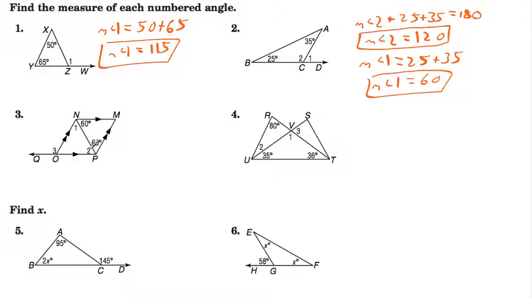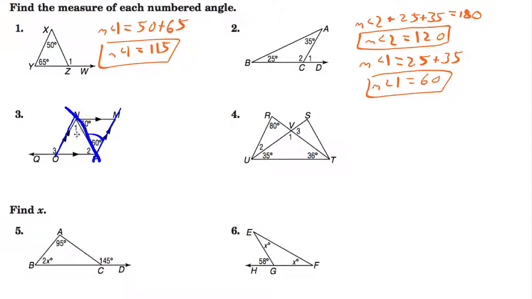All right, so right here, this is looking like it is a tricky one, but we have parallel lines. So what happens when we have parallel lines? Well, if I have this parallel line and that parallel line, this is my transversal.